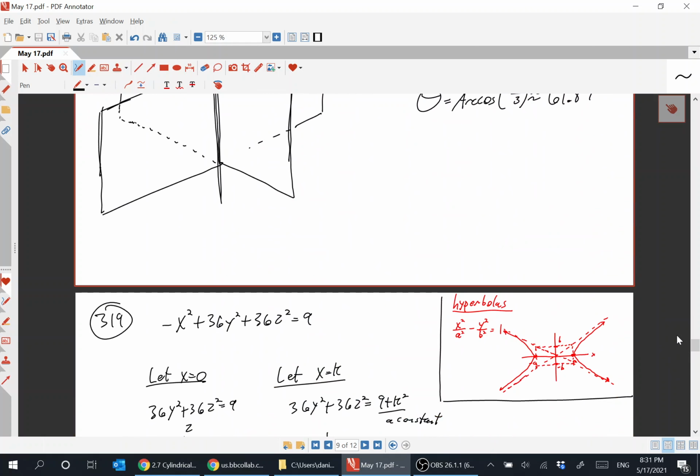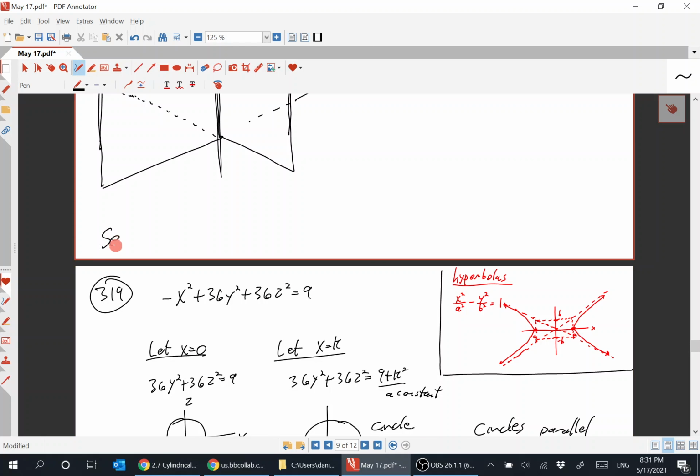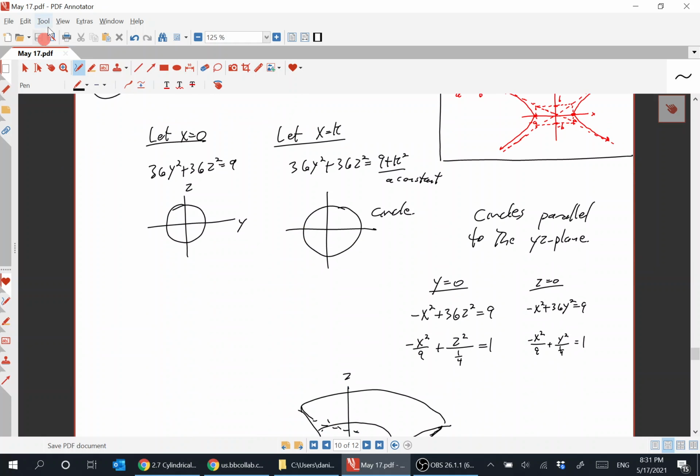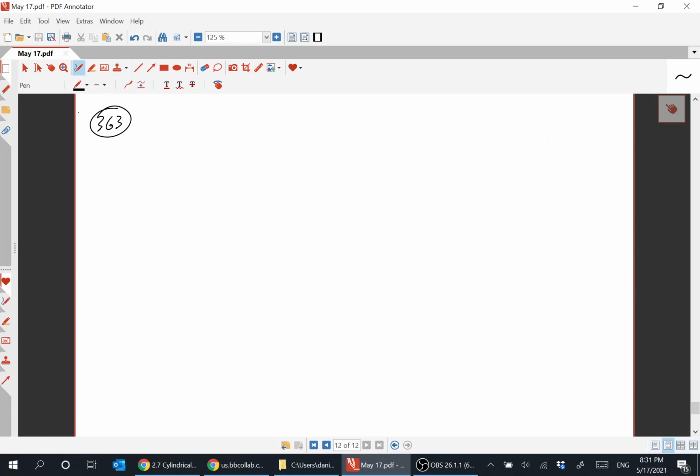Did I know? Yes, should put section 2.6 here. So 363.